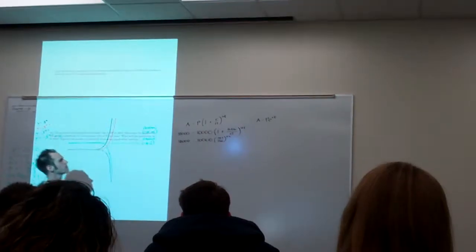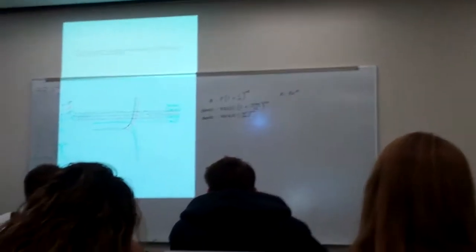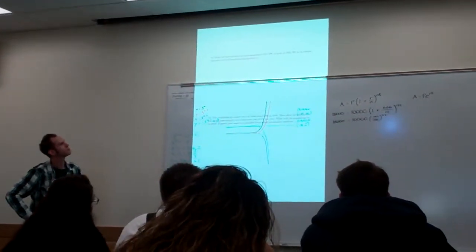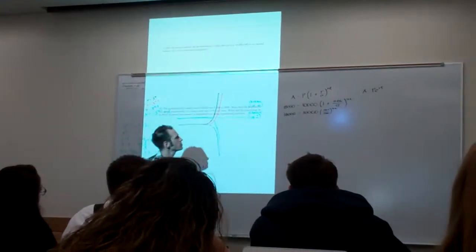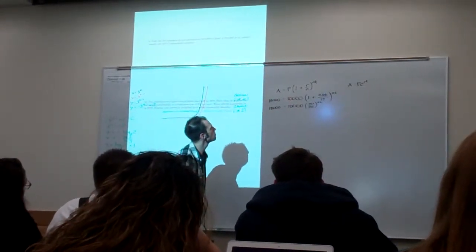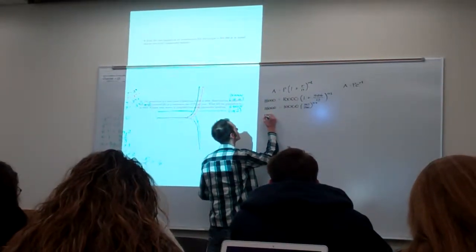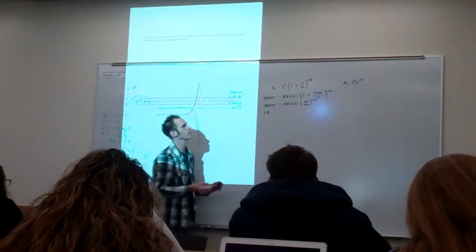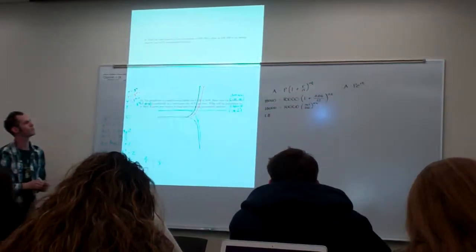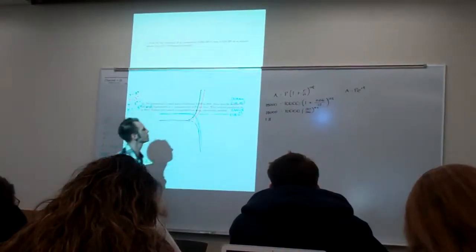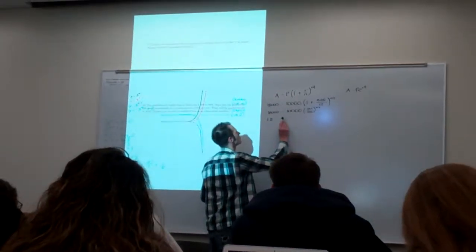Okay, next step. We're going to divide the equation by 10,000. Dividing by 10,000 is really simple. Why is this 1.8?